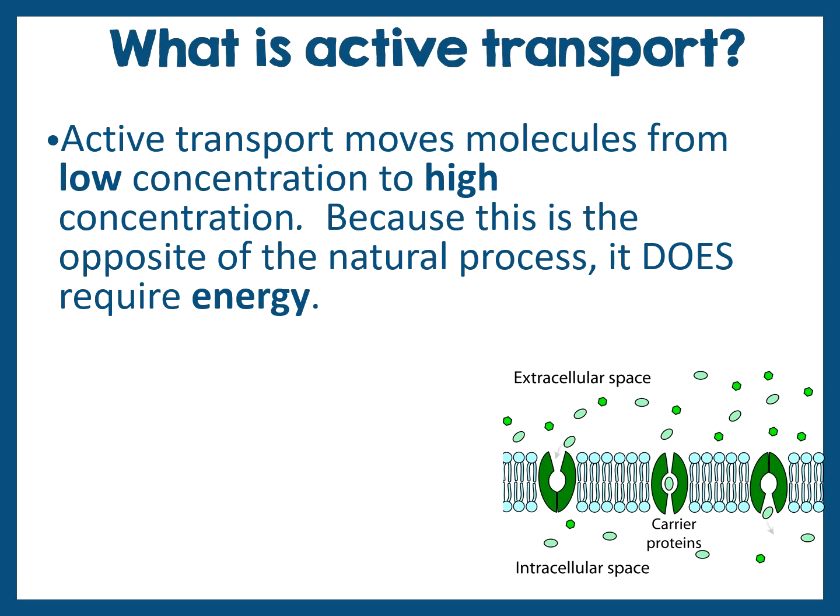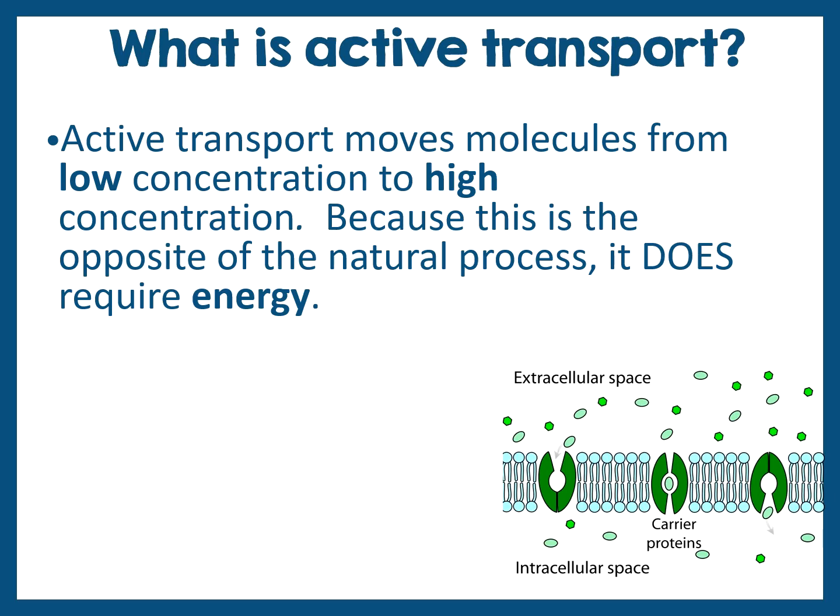Sometimes a cell needs to have something even though there is more of that substance inside of the cell. Or sometimes we need to move a molecule somewhere where there's already a high concentration of it. For example, when you learned about cellular respiration, you learned that glucose is moved into the mitochondria of the cell to perform cellular respiration.